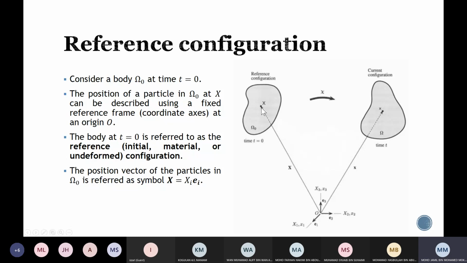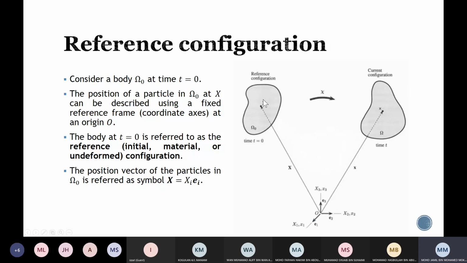The position of the particle X can be described using a vector, by assuming the origin coordinate exists at the origin. We represent everything at the reference configuration using a big capital letter.